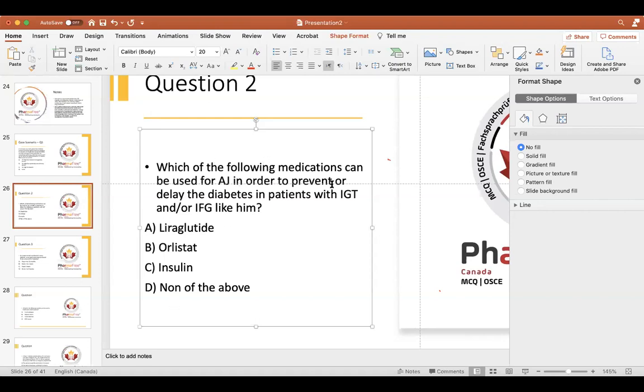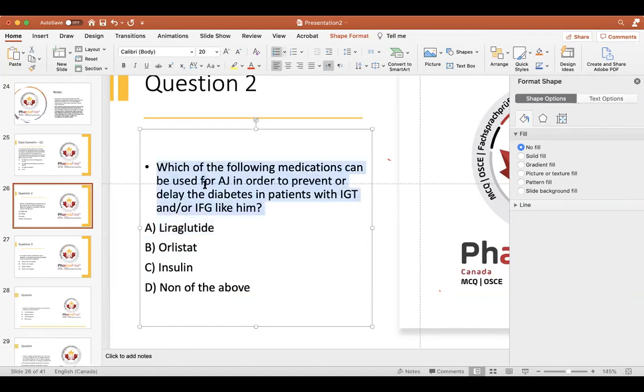Here, if the patient is pre-diabetic, or has IGT or IFG, it's too late to use medication to prevent the diabetes. You cannot use orlistat, you cannot use insulin, you cannot use liraglutide, you cannot use acarbose, not even metformin, to prevent the diabetes.